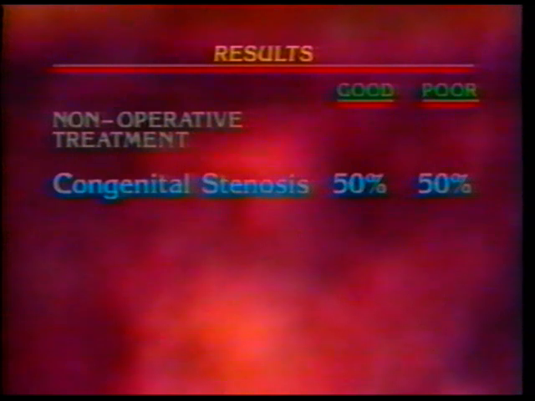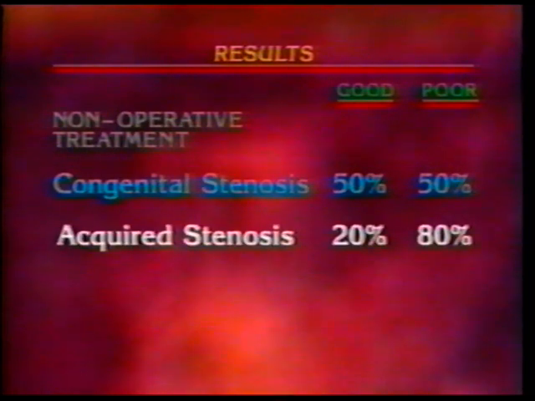What kind of results can we expect in operative or non-operative treatment of spinal stenosis? With non-operative treatment, the patient with congenital spinal stenosis will have good results 50% of the time and poor results 50% of the time. In acquired stenosis, good results are seen in only 20% of patients. Hence, 80% you can expect to do fairly poorly with the non-operative regimen.